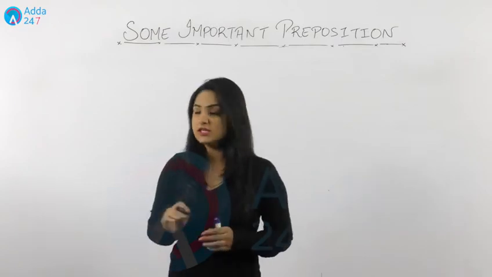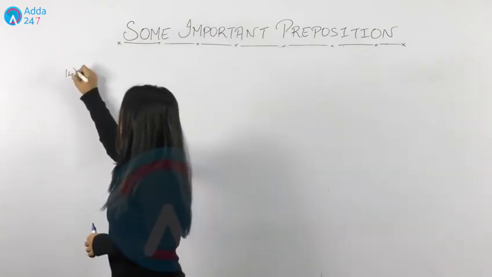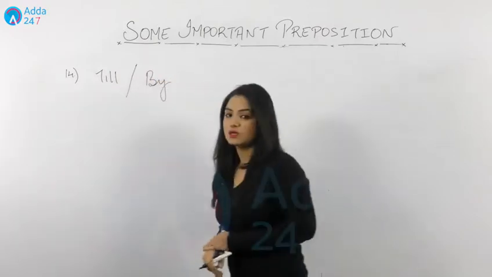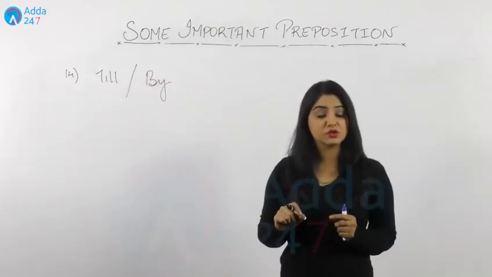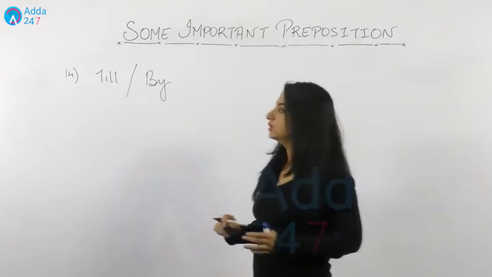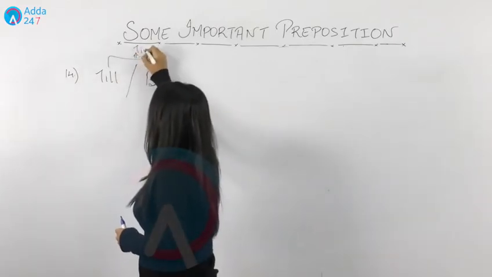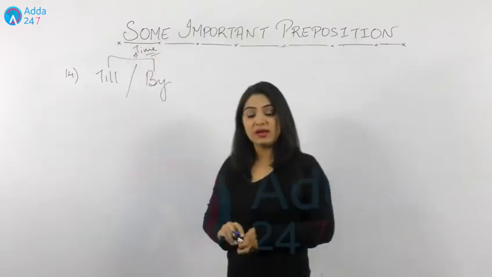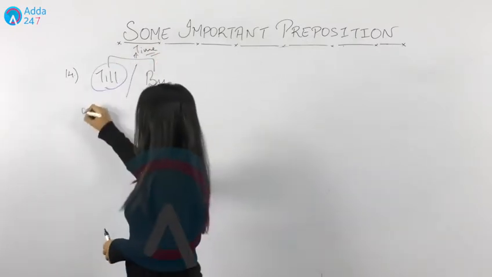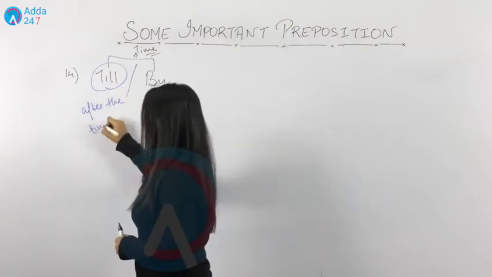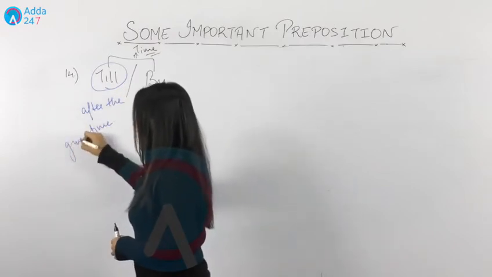Now, the 14th rule says what is the difference between till and by. As you saw with in, within and after, till and by is also related to time only. Fine. When I say till, it means after the given time.